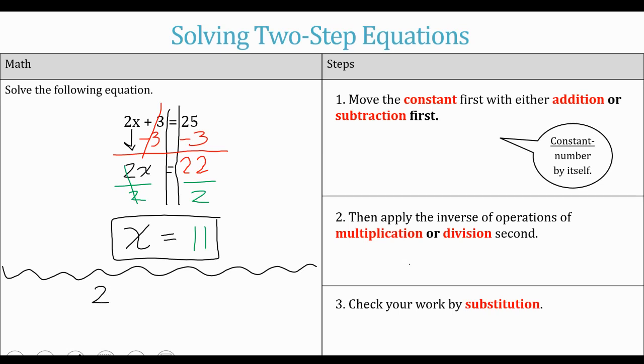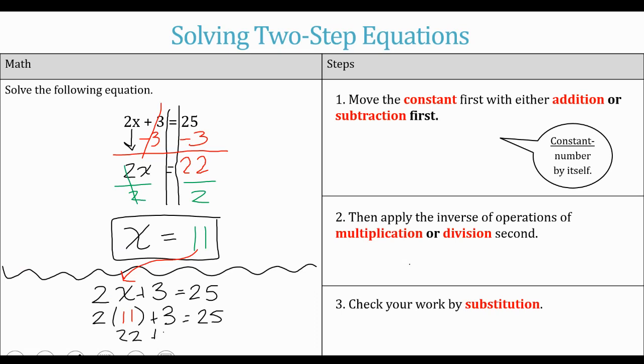So our original equation was 2x plus 3 equals 25. So now I'm going to just substitute this 11 in for x. So I'm going to get 2 times 11 plus 3 equals 25. Now 2 times 11 is 22.